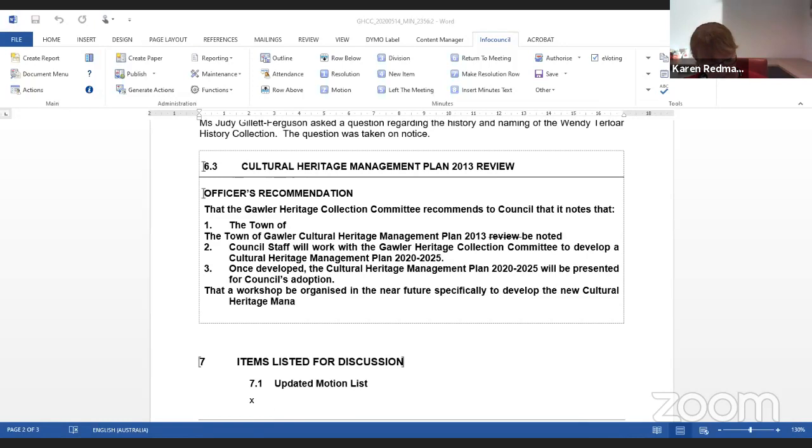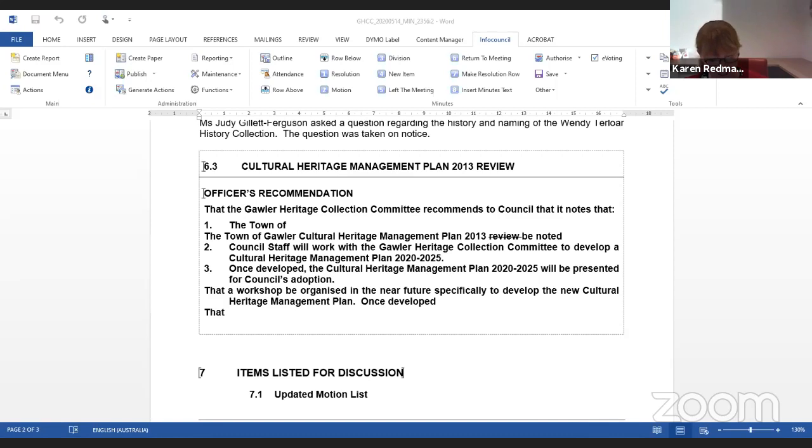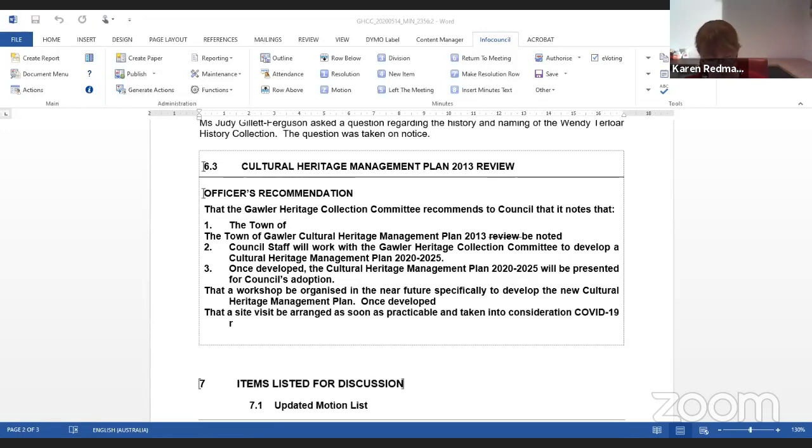Point 3 is unchanged, and that would be a new point 4, and then there'd be a point 5 that a site visit be arranged as soon as practicable, taking into consideration COVID-19 restrictions, for the committee to view the off-site and on-site storage facilities.